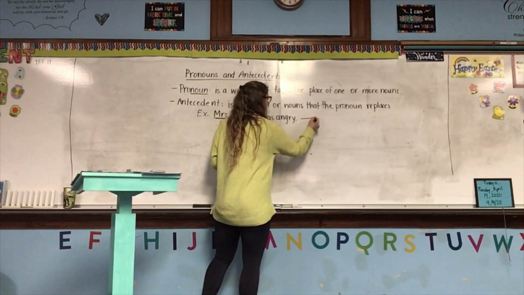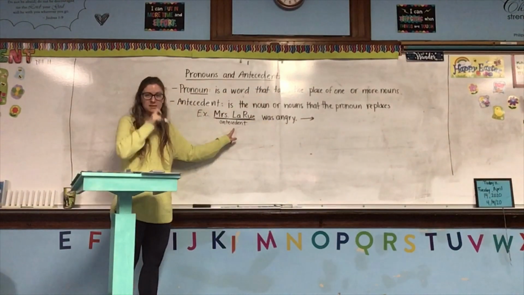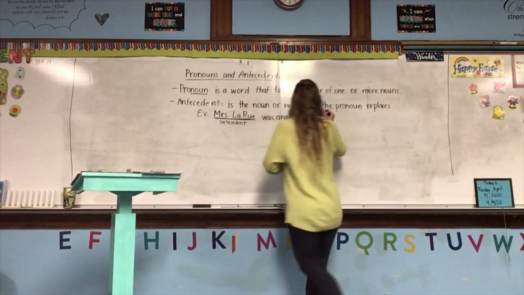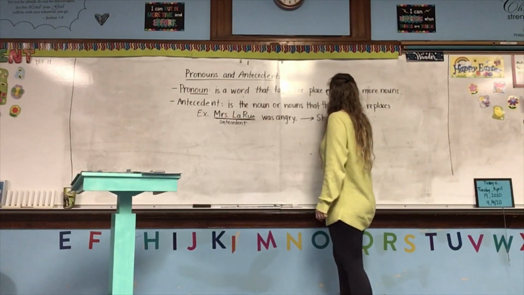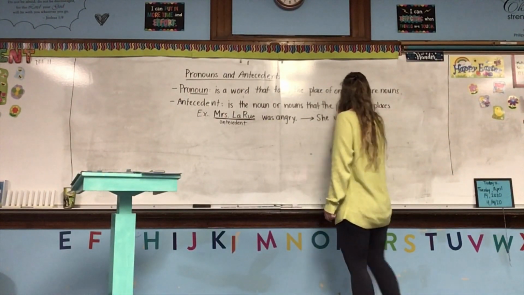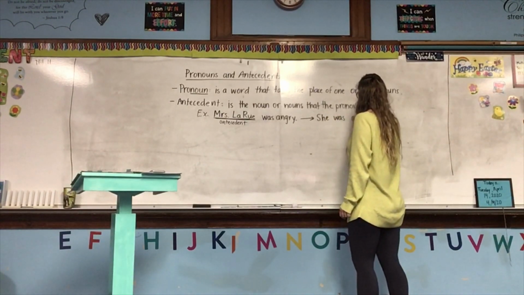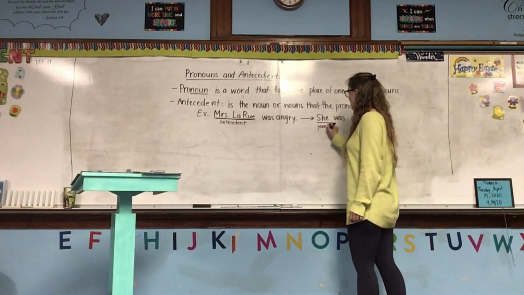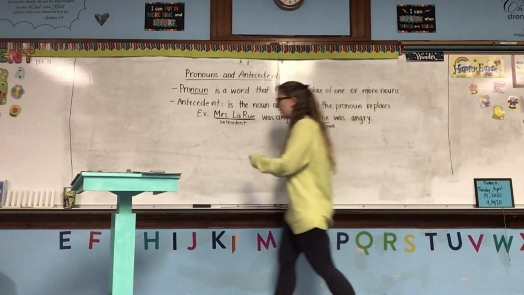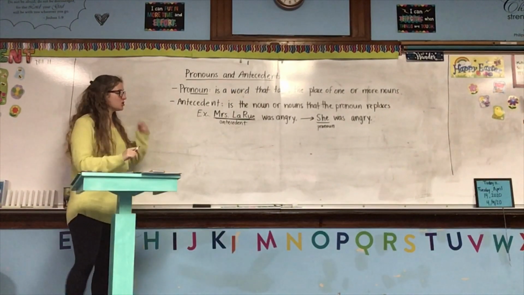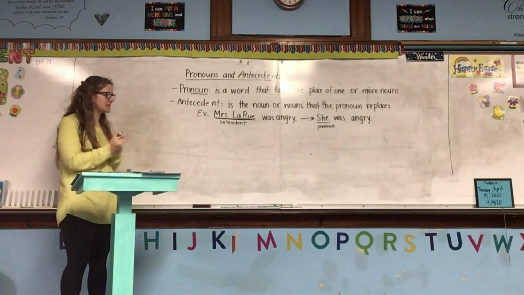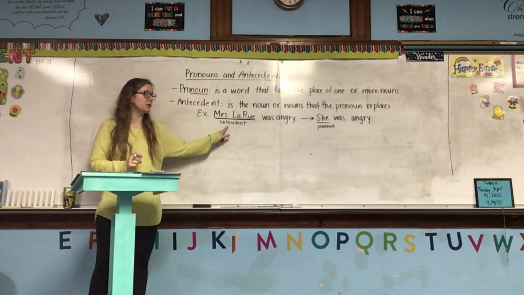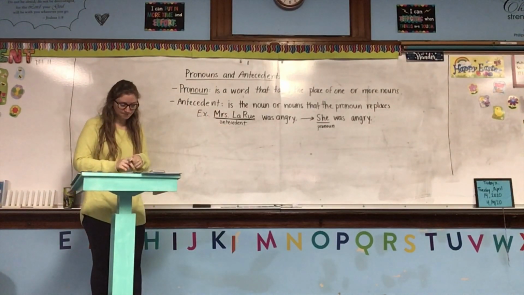And we will change that antecedent to a pronoun. So instead of saying Mrs. LaRue was angry, we will say she was angry. And she is the pronoun. Go ahead and label that. So we changed Mrs. LaRue was angry to the sentence she was angry because we changed the antecedent Mrs. LaRue to the pronoun she.